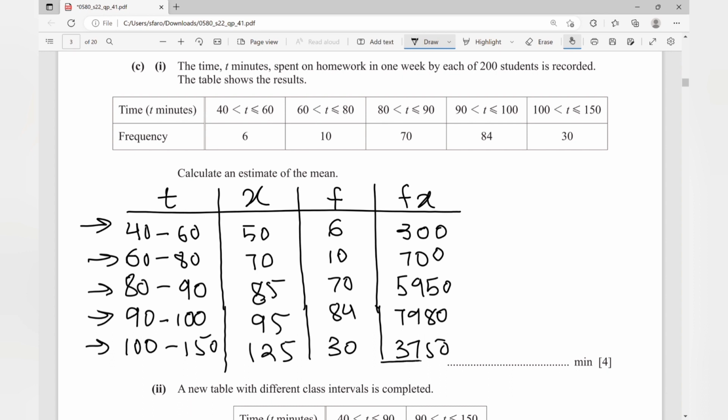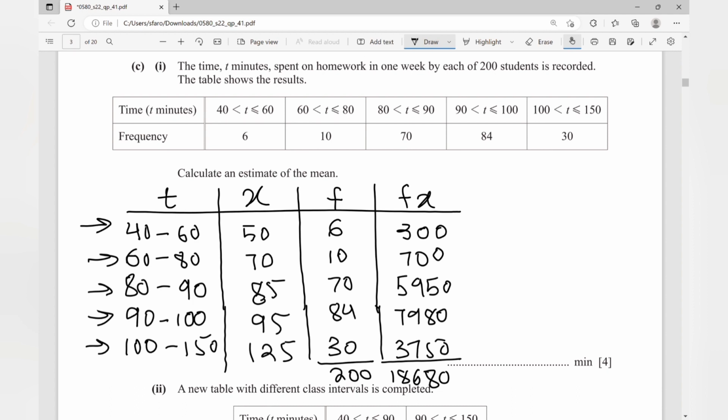So now sum these up. 300 plus 700 plus 5,950 plus 7,980 plus 3,750, the total will be 18,680. For f, 6 plus 10 plus 70 plus 84 plus 30, the total will be 200.